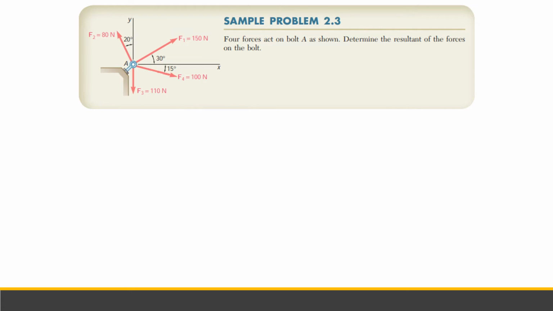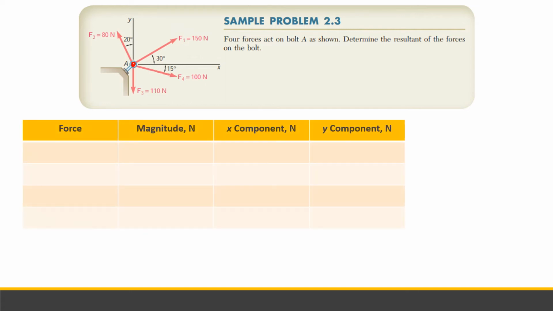We have a particle A here acted upon by 4 different forces. The convenient way in solving forces into components and in finding the resultant is a tabulated solution. So we will tabulate the force, the magnitude, and the components. Say we have a table here.